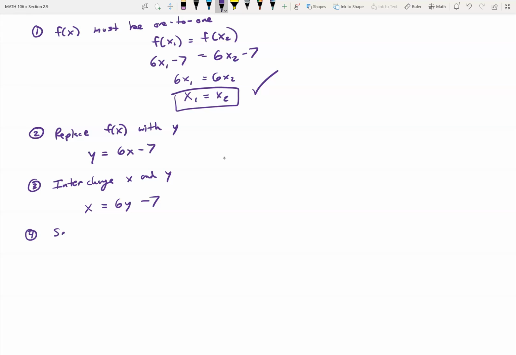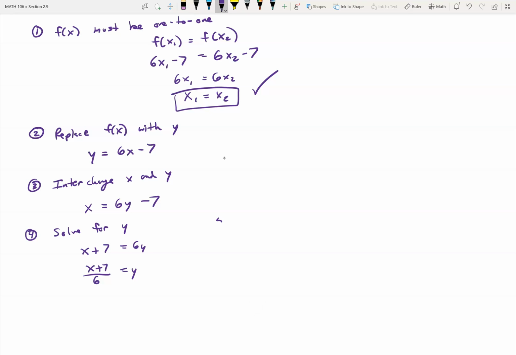And then now we're going to solve for y. So I'm going to move that positive 7 over with the x. So we have x plus 7 equals 6y, and then y equals x plus 7 over 6.